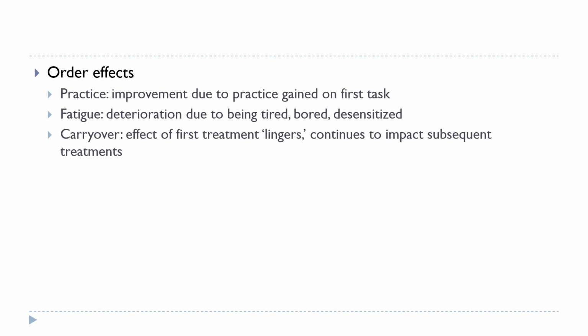Stimulus A, stimulus B, every participant would be experiencing both of those things, or sometimes if there's multiple stimuli, all 4 or all 10 of those things. So when you have multiple exposures to multiple stimuli, sometimes one of the challenges is order effects. There's different types of order effects.